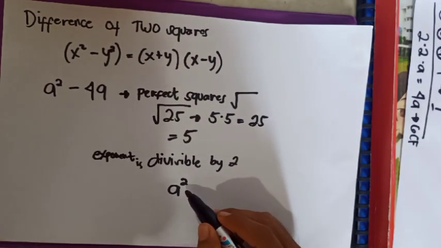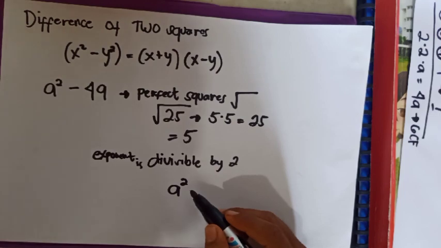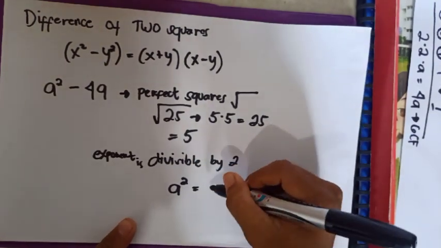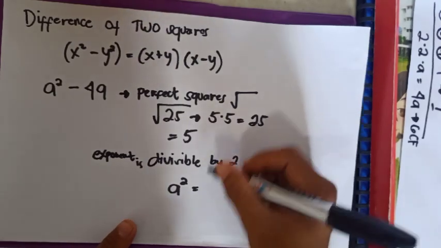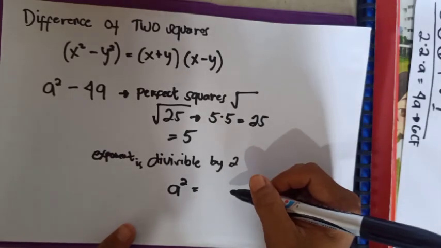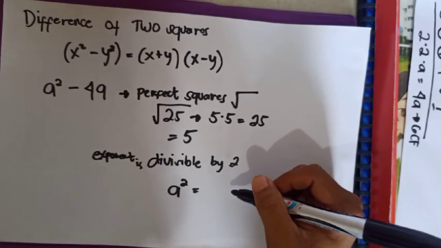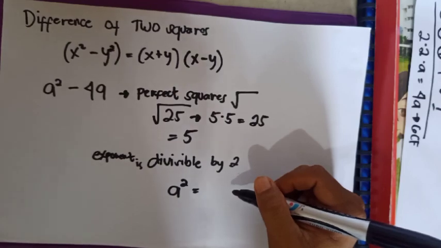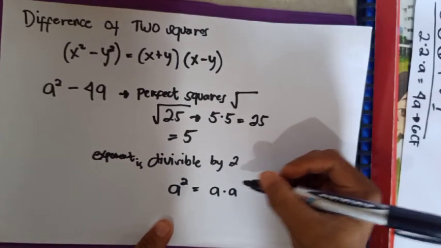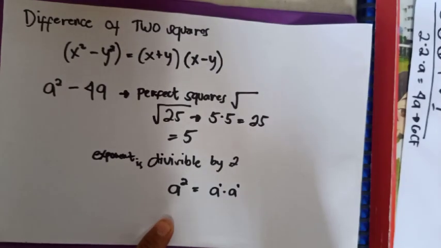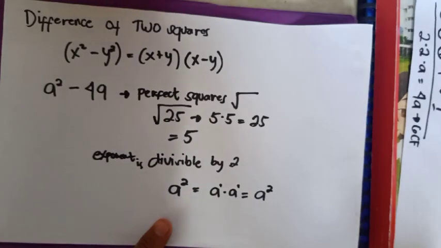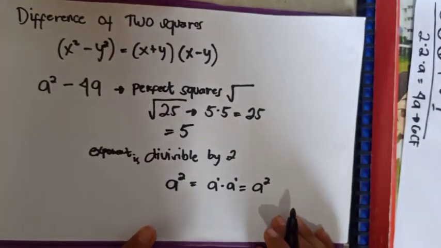It's 2. Is 2 divisible by 2? Yes. So therefore, this is a perfect square variable. What is the square root of a squared, or the factors of a squared? We have a times a. So every variable, meron talaga yan silang 1 dyan. So we have a squared.